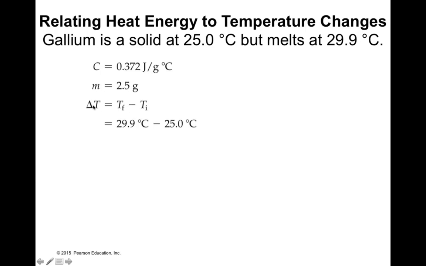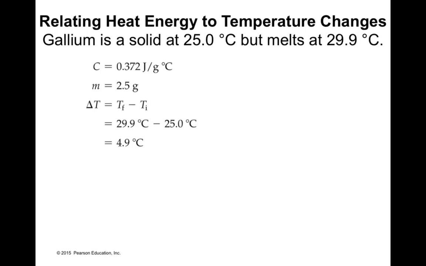So if delta V, it will be the final volume minus the initial volume. And this one is delta T, the change in temperature. So it's the final temperature minus the initial temperature. So that's why we subtract 29.9 degrees Celsius minus 25.00 degrees Celsius. So this will be equal to 4.9 degrees Celsius.